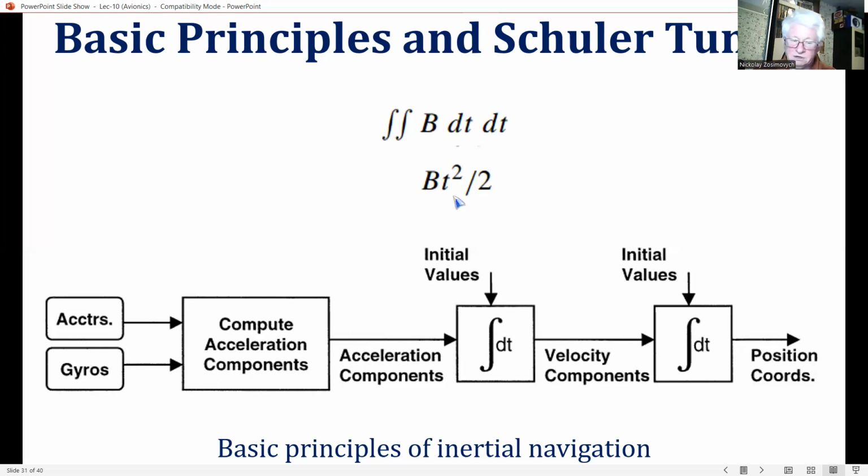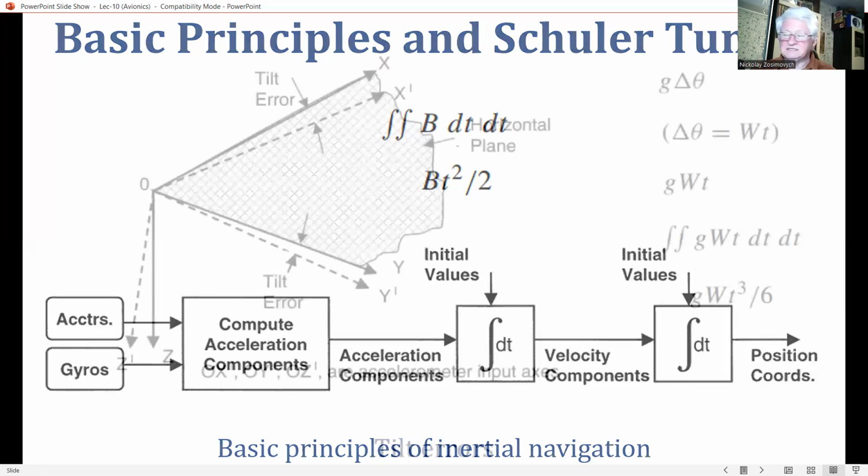The resulting distance error is thus proportional to the square of the elapsed time. An accelerometer bias error of 10 to the power minus 3 g will produce a distance error of nearly 0.45 kilometers after 5 minutes and 1.8 kilometers after 10 minutes, for example.